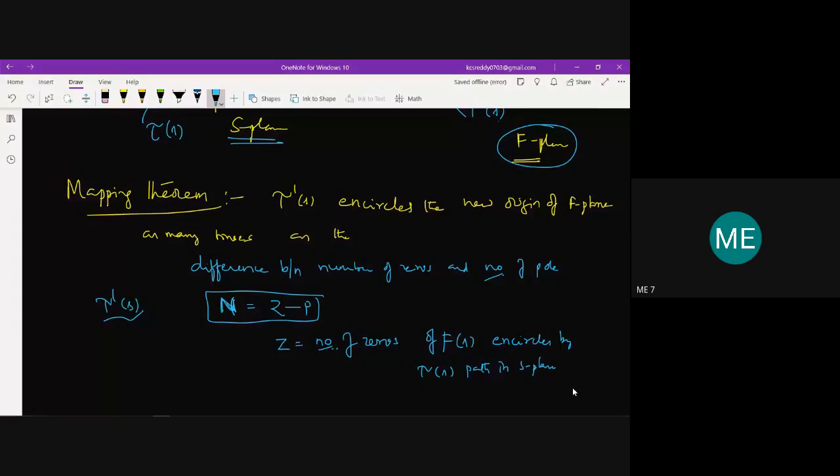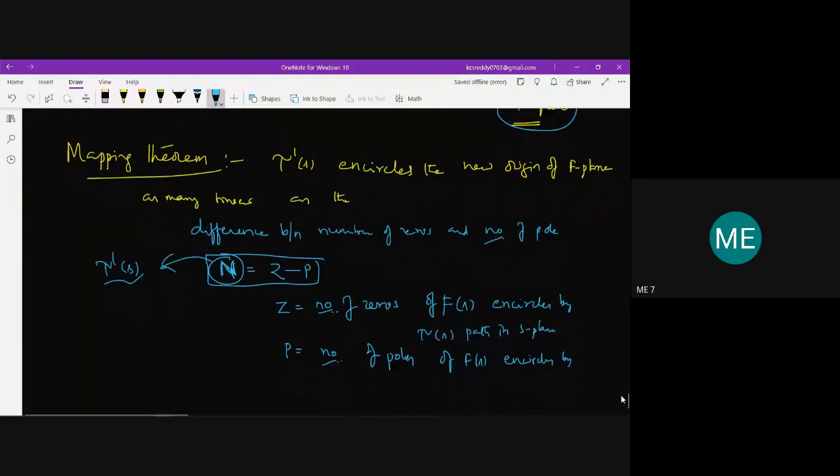See here, n is calculated for tau dash of s, and p is nothing but the number of poles of f of s which are encircled by the tau of s path in the s plane.